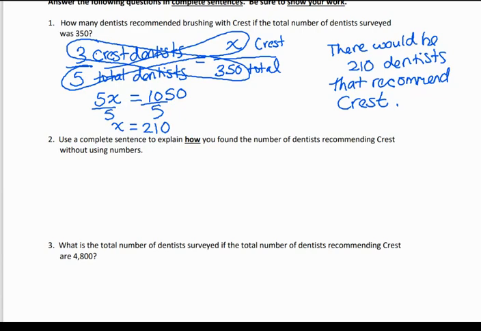Okay, so someone said cross multiplied. I didn't see you cross multiply 3 and 350, and then you got 5 along with x. Okay, so yeah, but we want to avoid those numbers and just actually say it with words. So what did we do? But yes, we cross multiplied. So first, I cross multiplied.